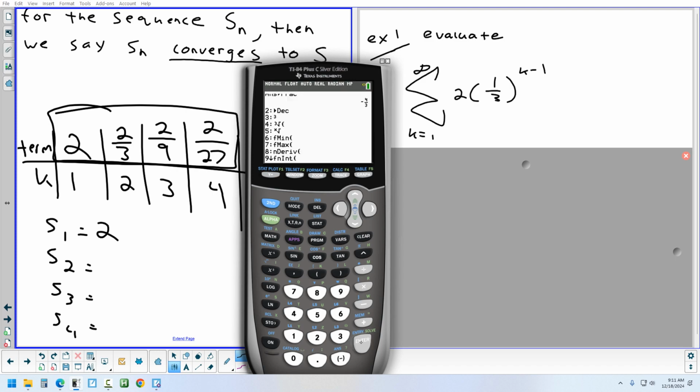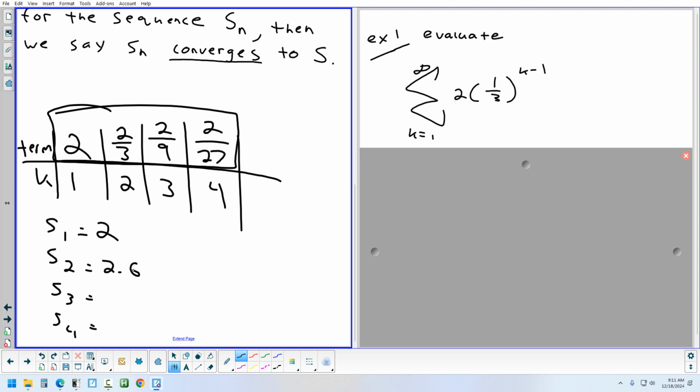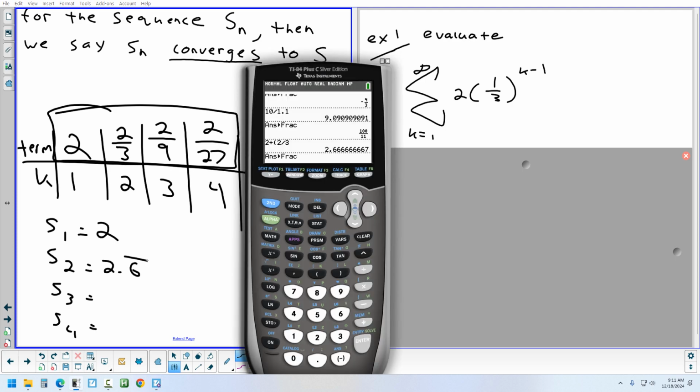And as a fraction, well, I'll just leave it as a decimal: 2.6 repeating. Let's add up the first 3 terms. 2 plus 2/3 plus 2/9. So take the answer that I just had before and add 2/9 to it. We get 2.8 repeating.